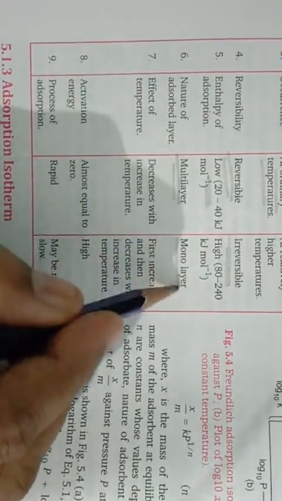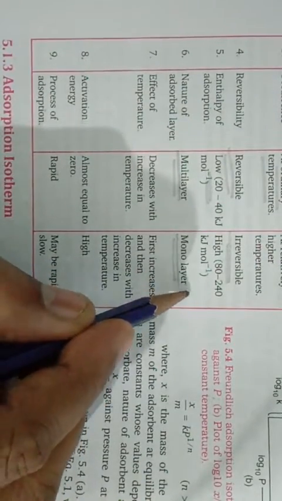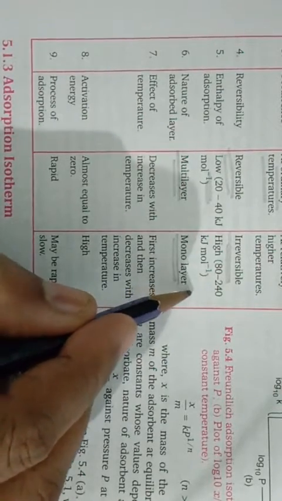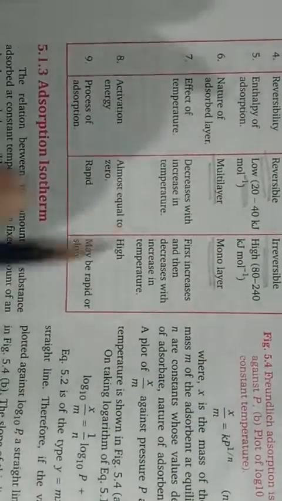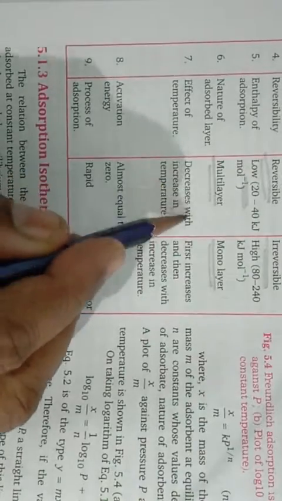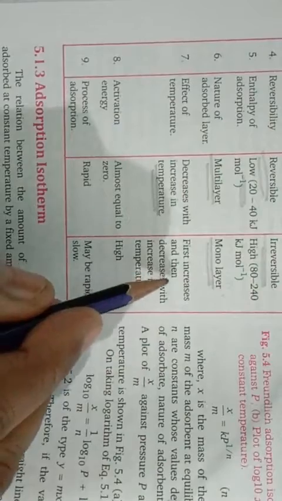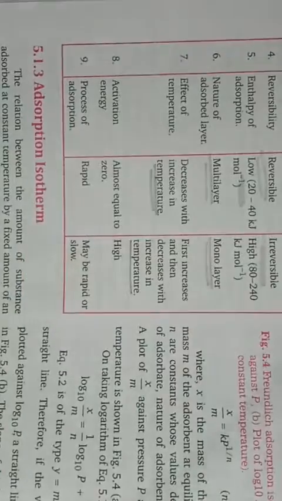Physisorption can be of multilayer type because van der Waals forces are there, but chemisorption is monolayer type, because if one layer is formed by bond formation between the adsorbate and adsorbent, then a next layer is not possible there. Then physisorption decreases with increase in temperature, whereas chemisorption first decreases and then increases with increase in temperature.